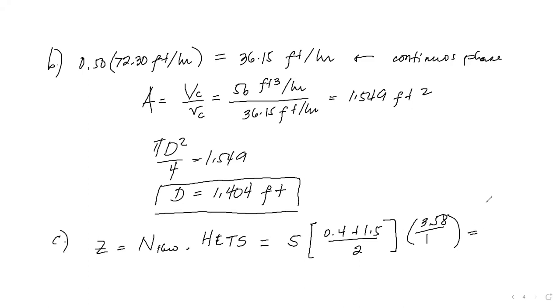Let's see, so what would be the corresponding answer here? 0.4 plus 1.5 divided by 2 times 5 times 3.58.